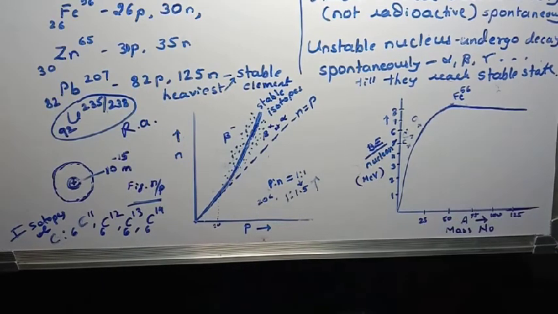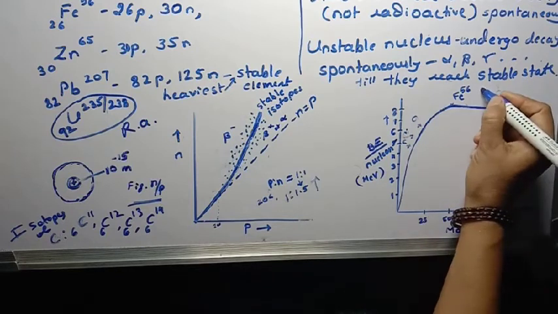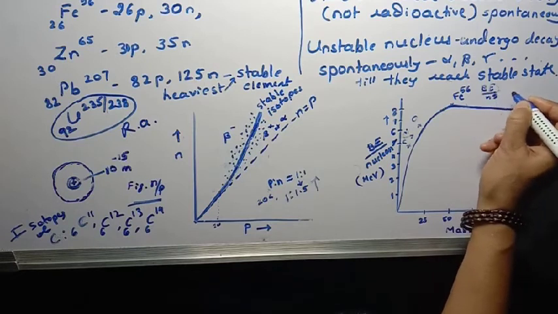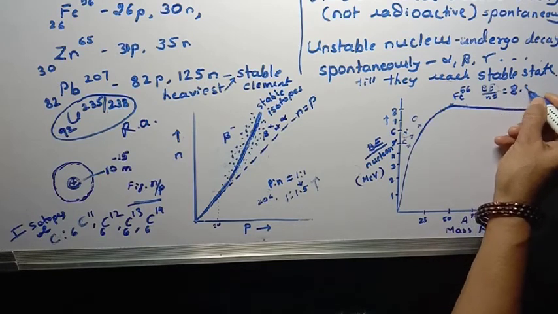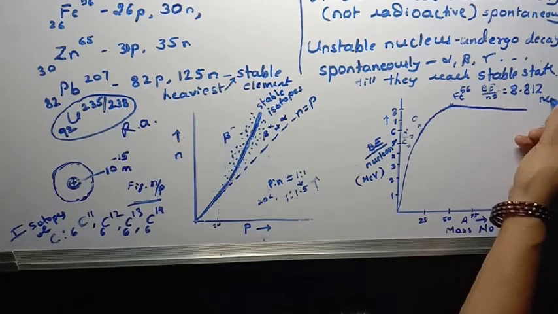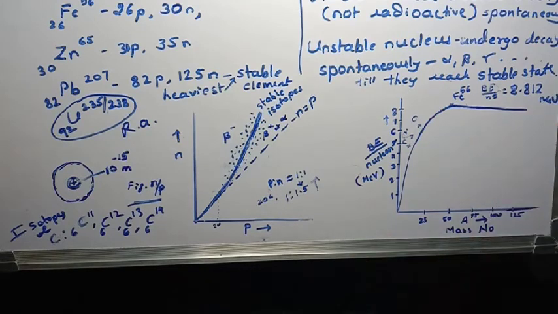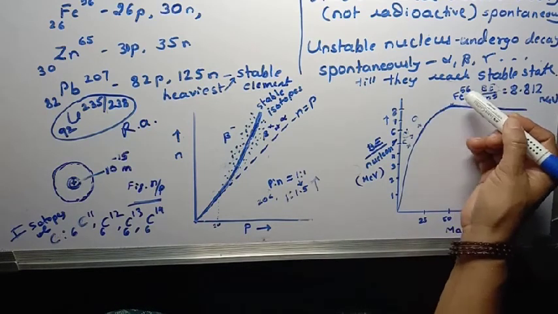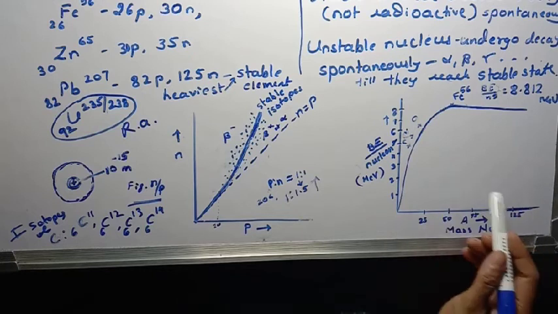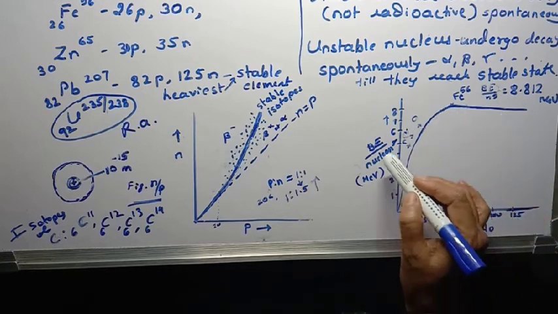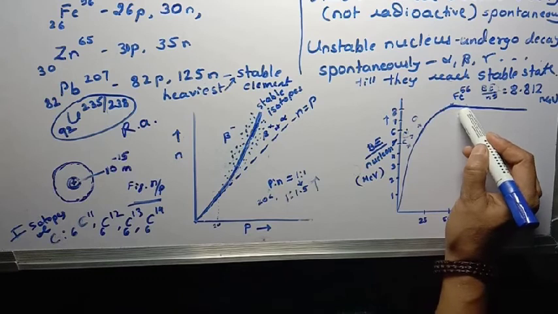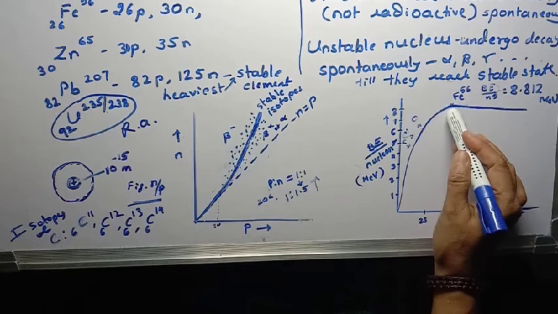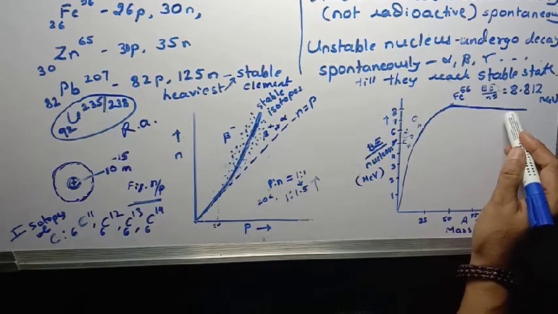For iron 56, as you calculated in the last class, the binding energy per nucleon is 8.812 MeV, mega electron volts, and this is the highest. From this graph we can say that as the binding energy increases, the stability of the nucleus also increases, and above 56 it remains almost flat.